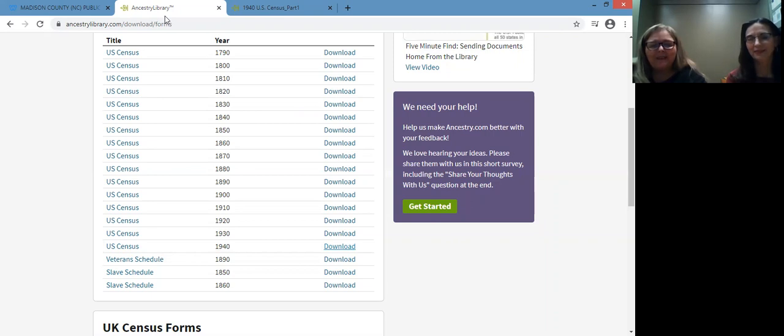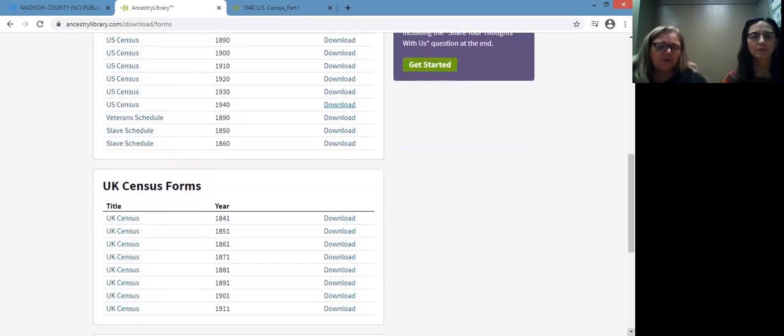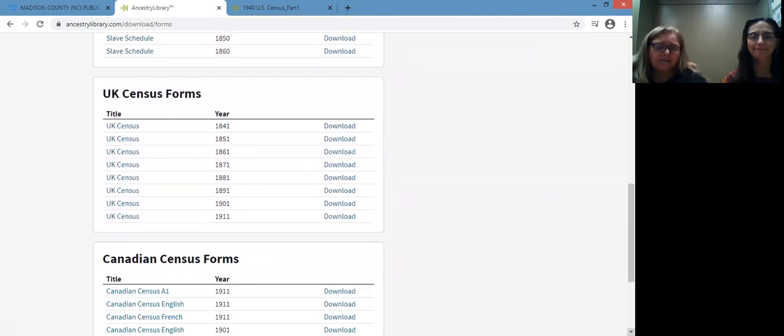Yeah. And on down through here, you can also do a veterans schedule for the 1890s and a slave schedule for 1850 and 1860. And then as you go on down, if you're looking for the UK forms, they're here as well.